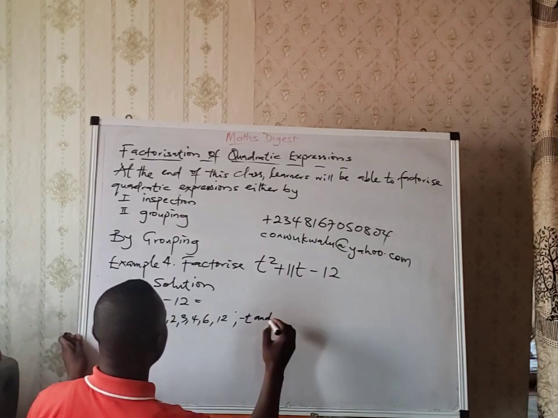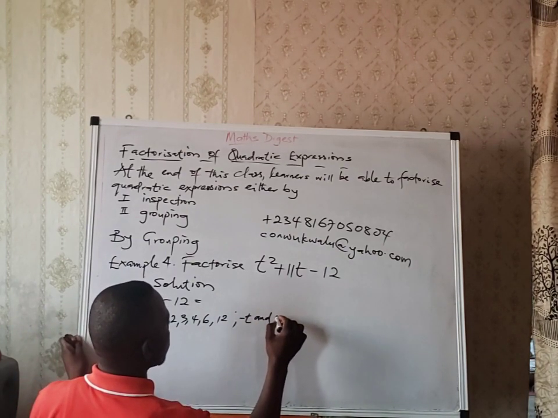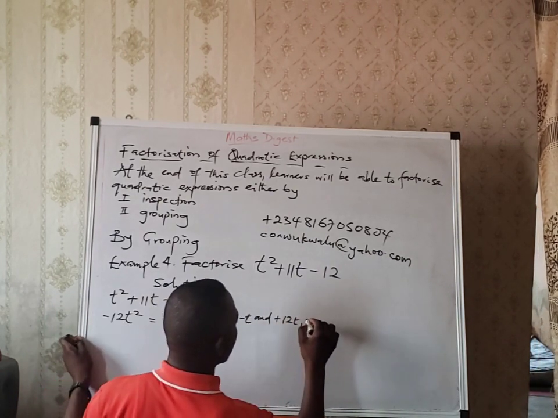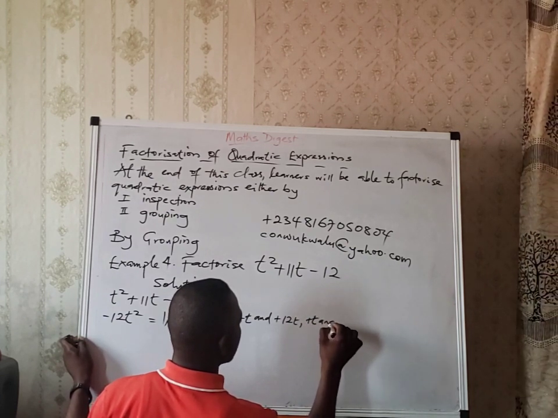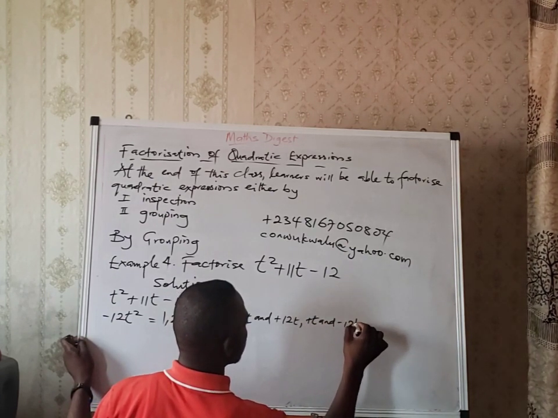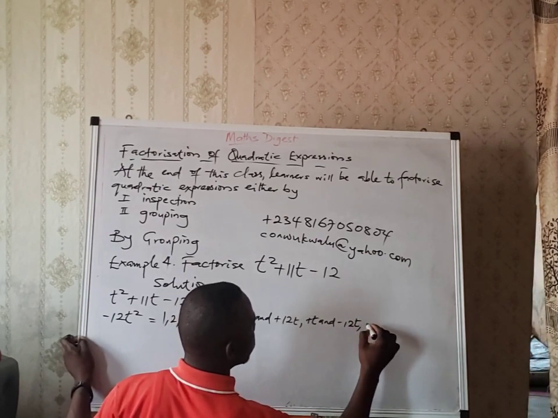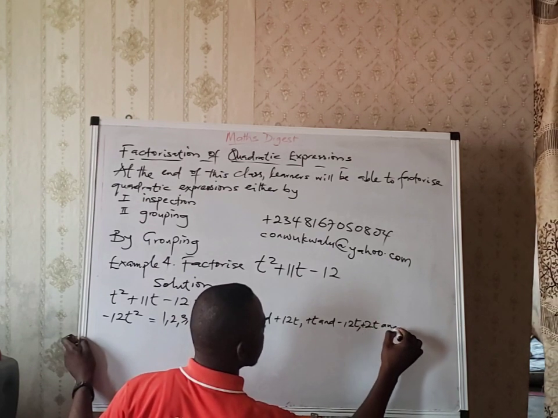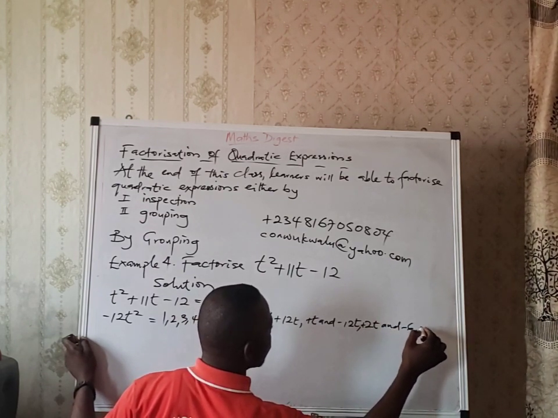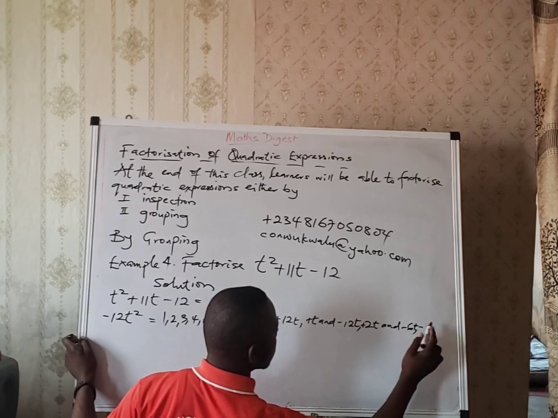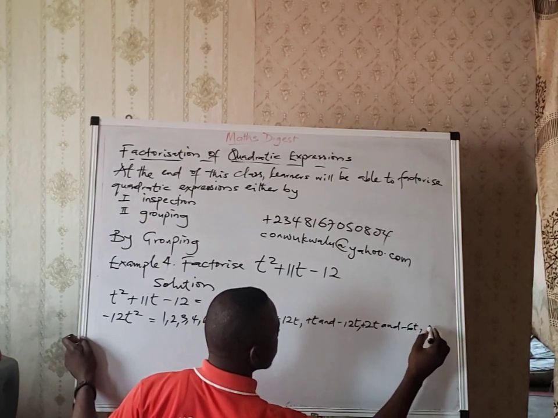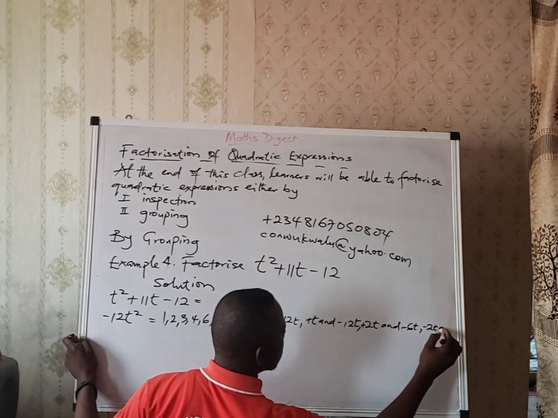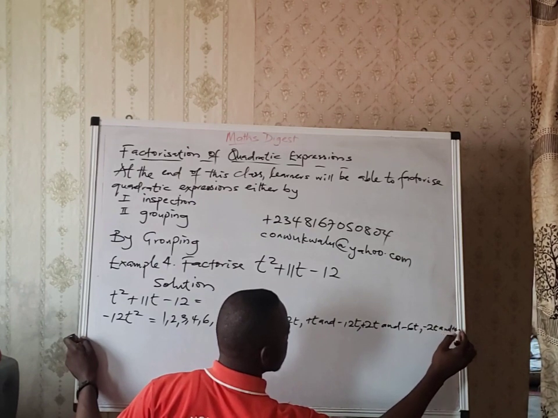So we say minus t and plus 12t, plus t and minus 12t. We can equally have plus 2t and minus 6t, and minus 2t and plus 6t.